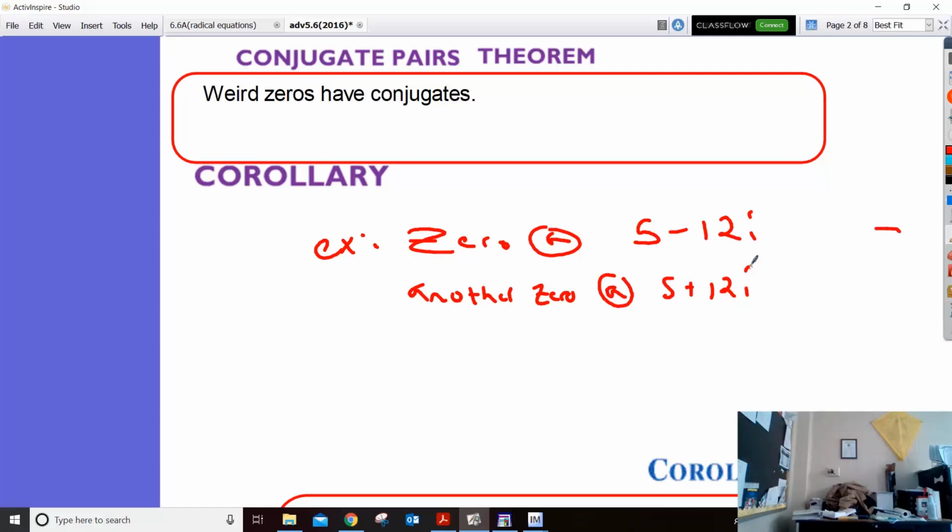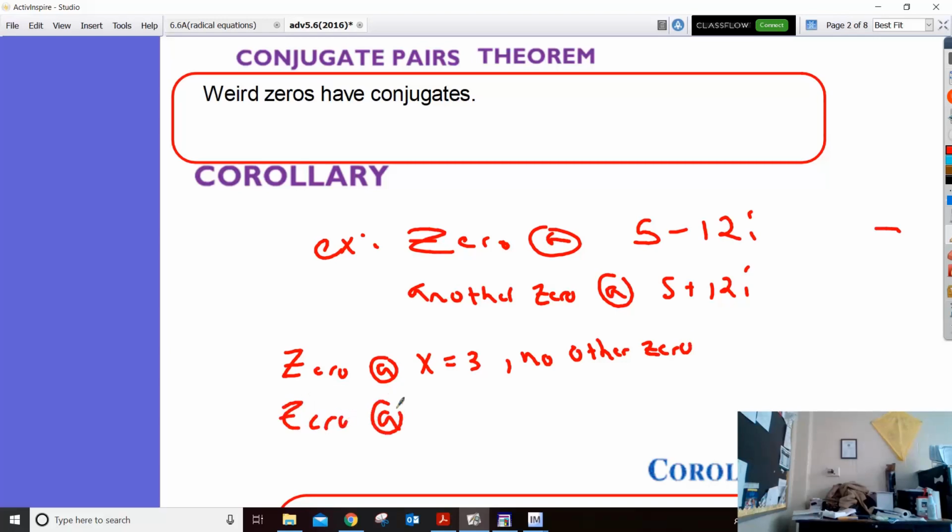That's weird. What if we had a 0 at x equals 3? Is there another 0? No, it's normal. There is no other 0 associated with it.